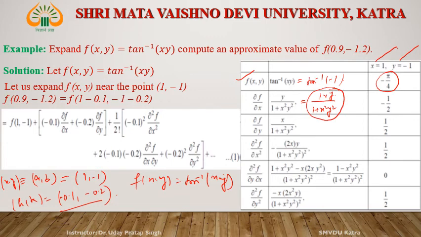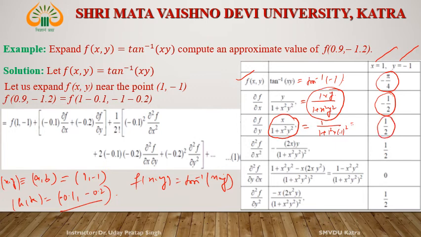What is that? 1 into minus 1 over 1 plus 1 square into minus 1 square, that is minus 1 by 2. Okay. Similarly, what is dou f by dou y? Dou f by dou y is this. Okay. Now see, x is 1. What is 1 plus 1 square into minus 1 square? This is 1 by 2.